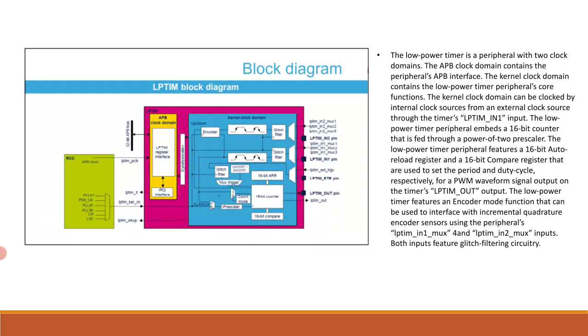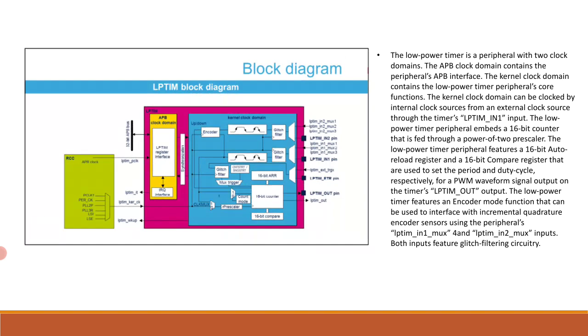The low power timer peripheral embeds a 16-bit counter that is fed through a power of 2 prescaler. The low power timer peripheral features a 16-bit auto reload register and a 16-bit compare register that are used to set the period and duty cycles respectively for a PWM waveform signal output on the timer's LPTIM_OUT output.